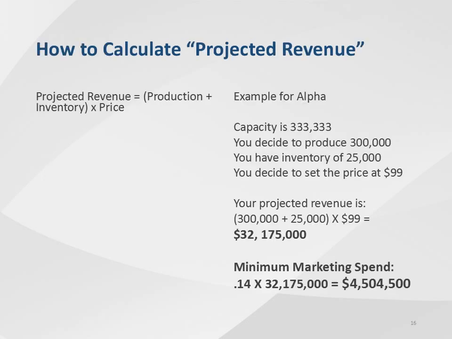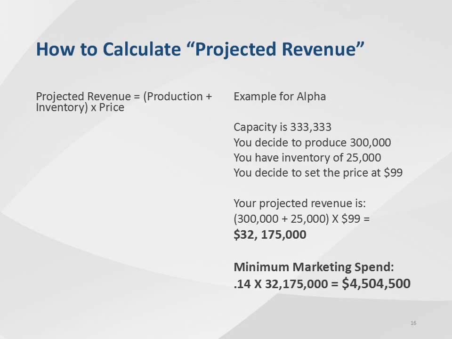How do you calculate projected revenue? Very simple. You'll take the amount of the units of production plus the inventory, if any, all multiplied by the price. For example, in the case of alpha, in the first year, you have a capacity of 333,333. Let's say you decide to produce 300,000.